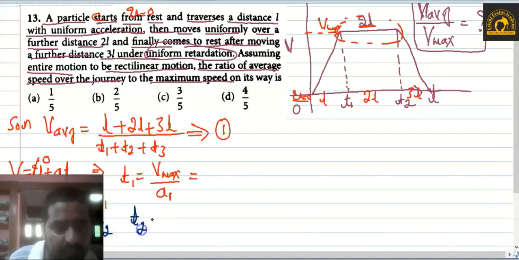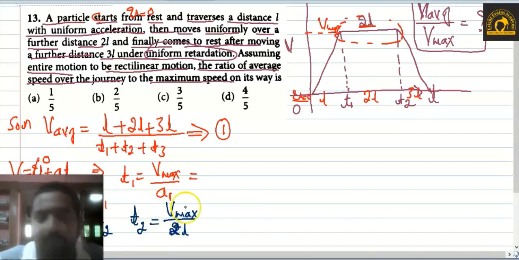So the velocity V maximum is equal to the distance 2L divided by the time T2. Then T2 is equal to 2L divided by V maximum.